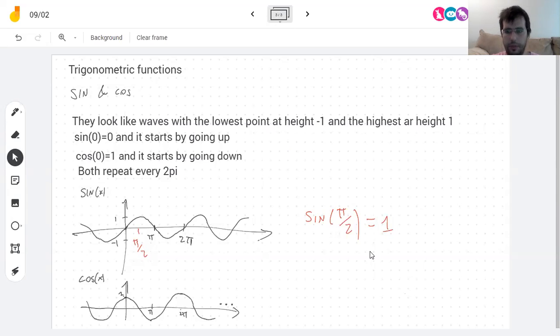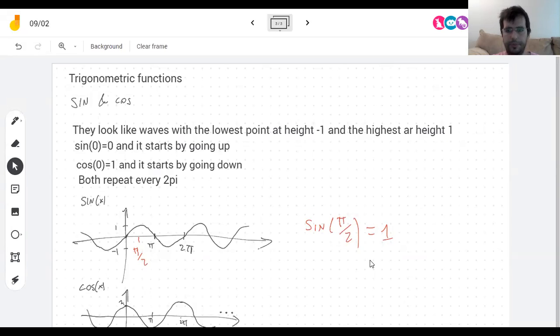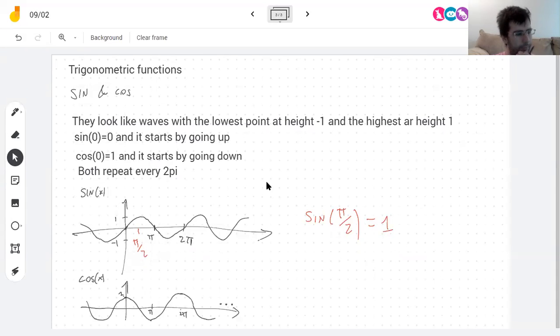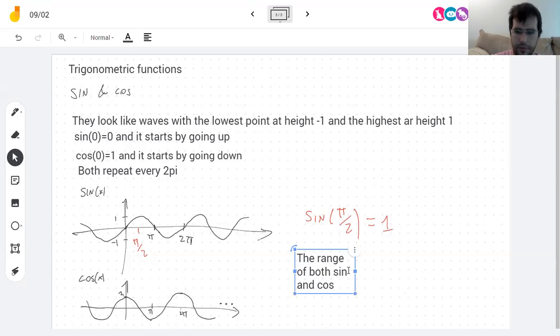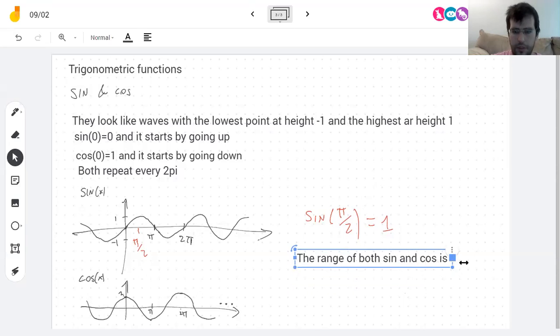I mean, hopefully you've seen these before. So, what does this mean for the range? Anyone know?